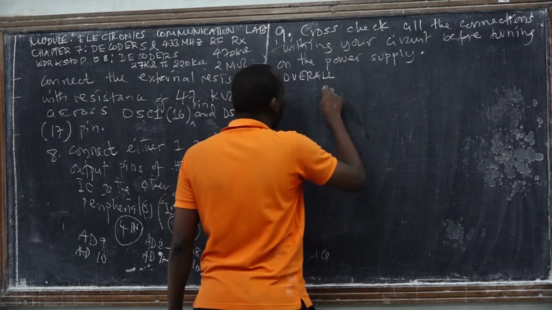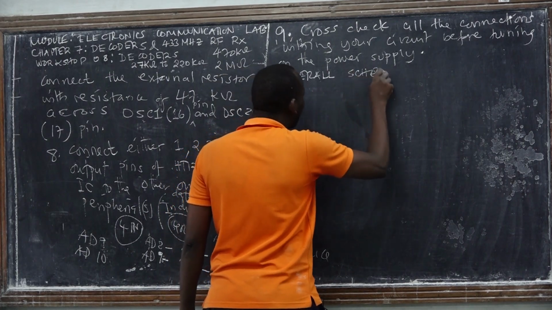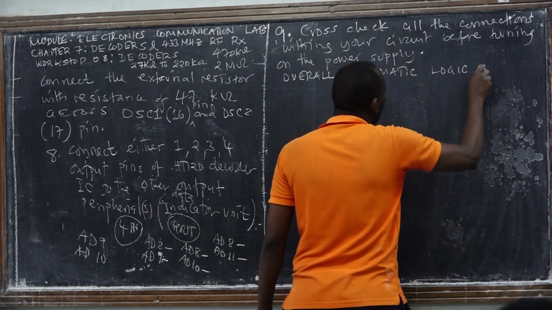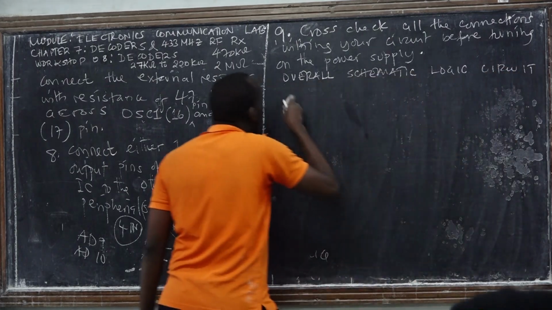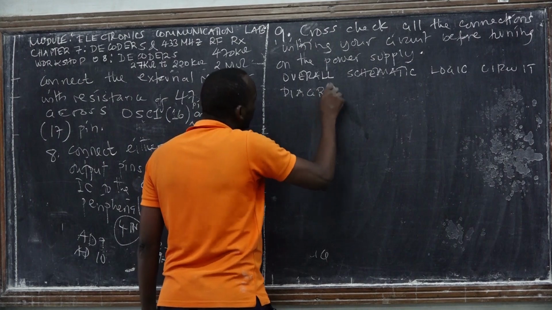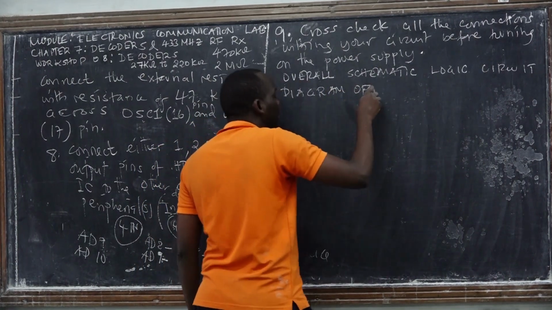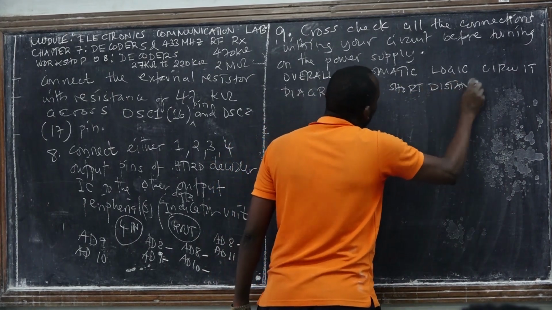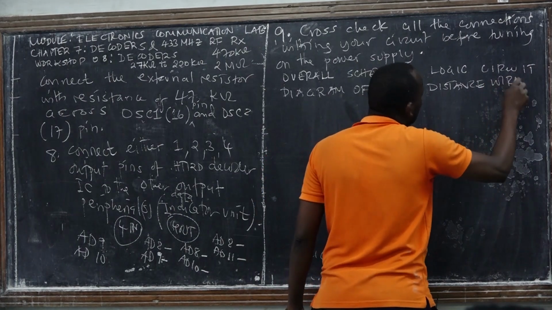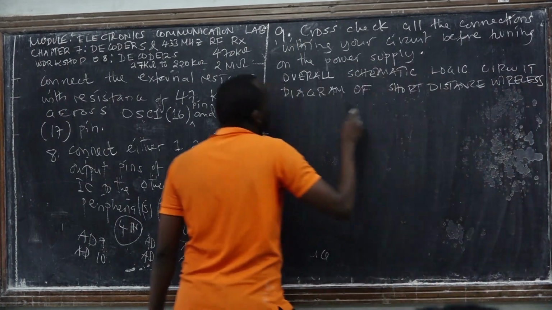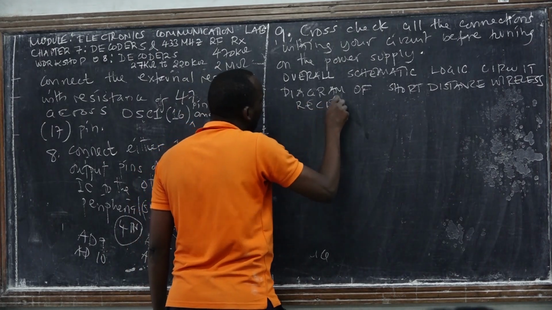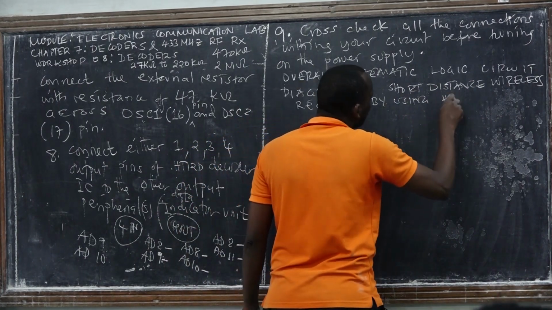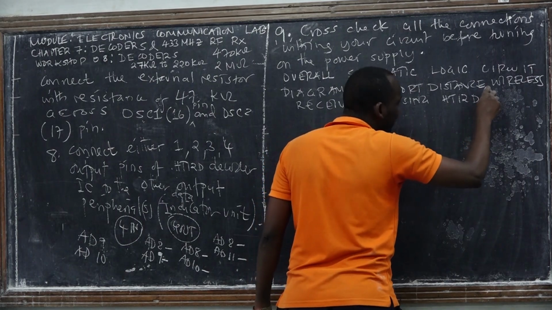Overall schematic logical circuit diagram of short distance wireless receiver by using HT12D decoder.